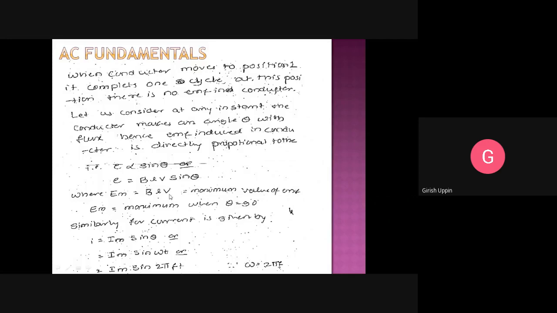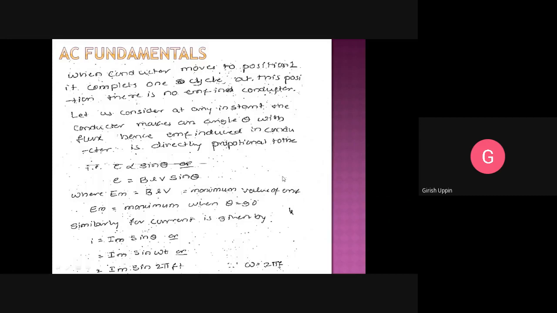So if we are representing the sinusoidal voltage as a mathematical equation, we will represent it as E is equal to capital Em sine theta, where capital Em is BLV. Sometimes we represent the voltage in lowercase v: lowercase v is equal to uppercase Vm sin theta.